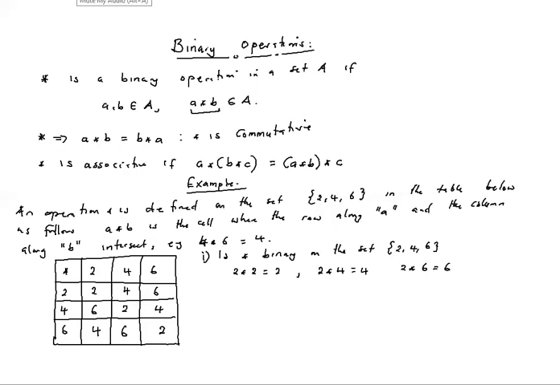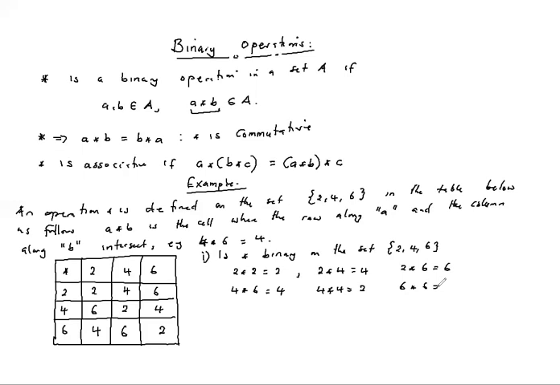So for 2 we are done. We now add 4 star 6. We get an element in the same set. We add 4 star 4. We get an element in the same set. And we add 6 star 6.